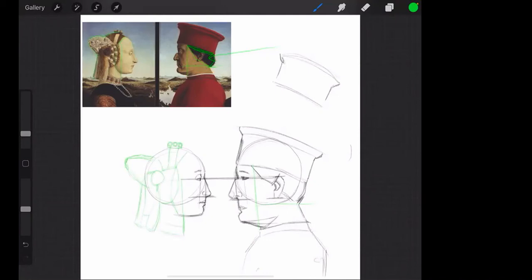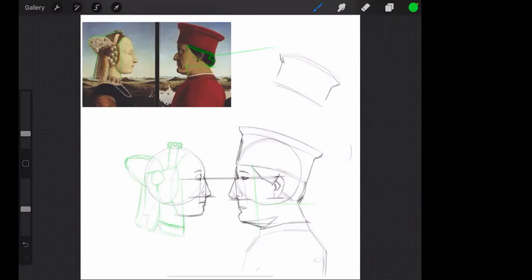Necklace. Necklace can be just kind of cylinder. And just two curved lines. And then if we want, you can draw more detail along with the lines.